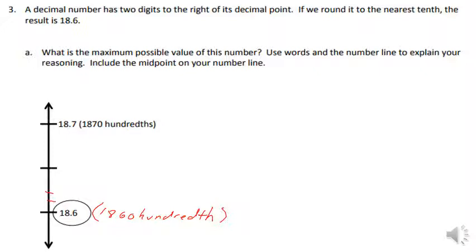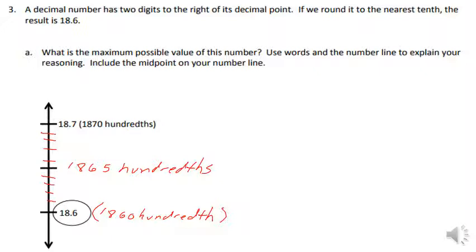Now if I was to count this up, I'd end up with 1861, 1862, 1863, 1864, and we know in the center here it's going to be 1865 hundredths. And if I wanted to keep counting, it'd be 1866, 1867, 1868, 1869, and 1870.